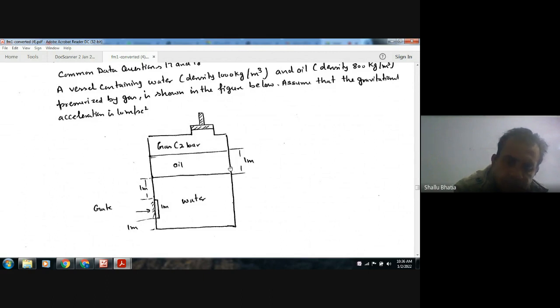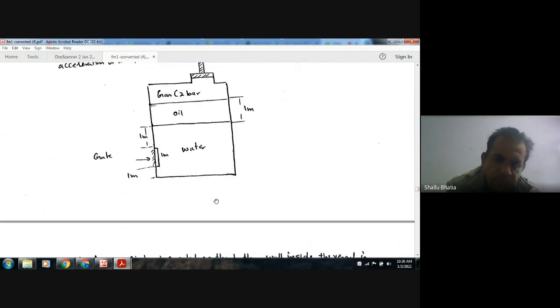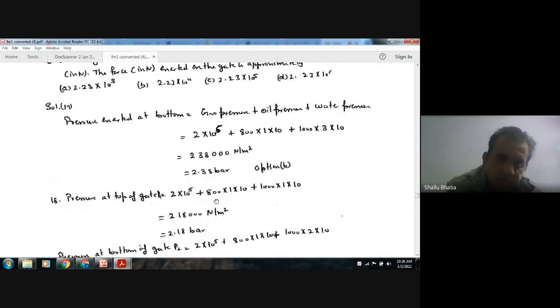By using rho g h, we can determine the pressure exerted by this. And similarly for water, we can also determine the pressure exerted on the bottom. So the pressure at the bottom is gas pressure, oil pressure, and water pressure. So this is 2 bar, and this is 800 into 10 into 1.